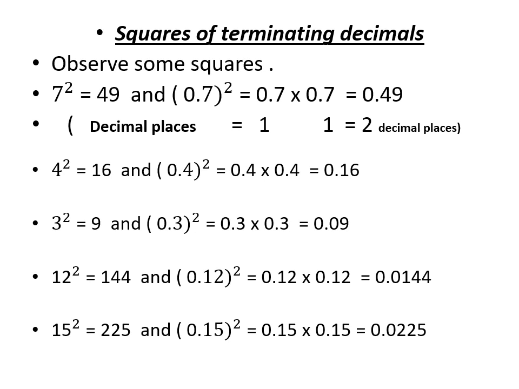So 0.0144 is the answer. 15 square equals 225. Now 0.15 whole square equals 0.15 into 0.15, see here 2 and 2 means 4. So decimal places after 4. So 0.0225. This is how to multiply the squares of terminating decimals. Be careful about the decimal places when you write the answer.